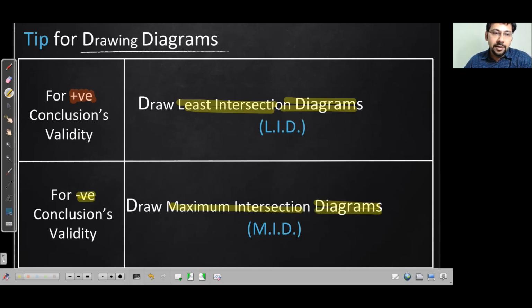I think in the beginning of the video, I also told you that there is a shortcut so that you do not have to draw all the diagrams for checking during the exam. This is the shortcut that I was talking about. If your conclusions are all negative, try to only draw a least intersection diagram and then check whether it is happening at that point. And when there are more negative conclusions, try to draw a minimum intersection diagram from the possibilities, and try to solve the questions.